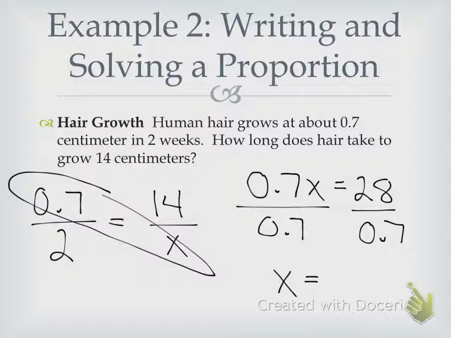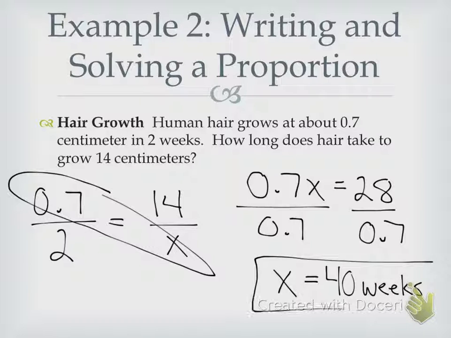What's 28 divided by 0.7? 40. And then don't forget, since it's a word problem, we need to label. We divide because 0.7 and x is multiplication. We have to do the opposite to solve for x, so we divide both sides. All right, so that's how we would write and solve one of these using cross products.